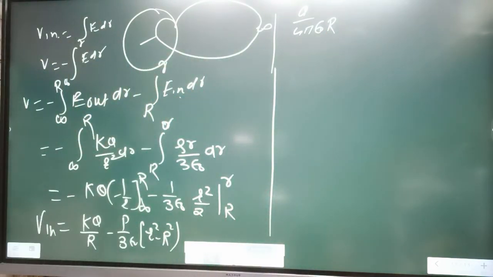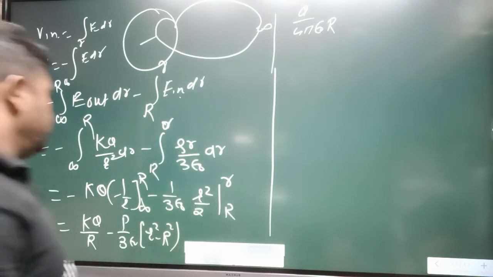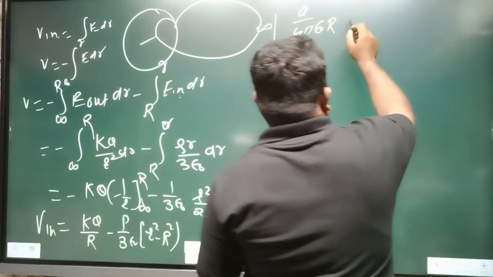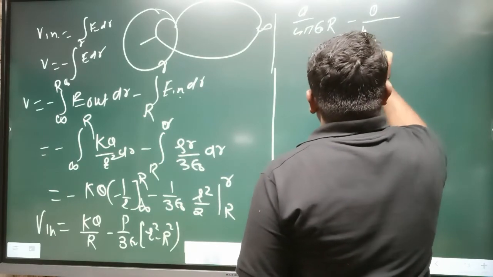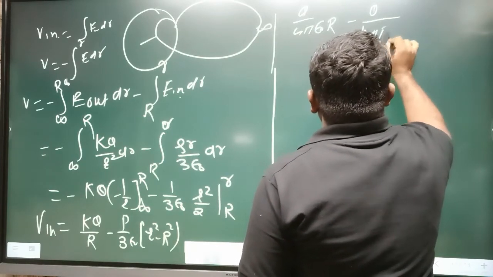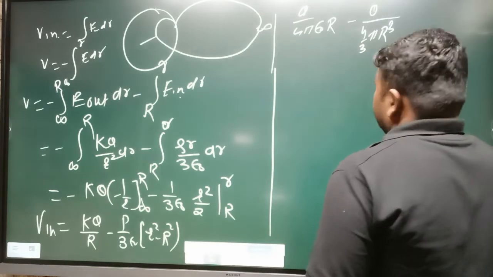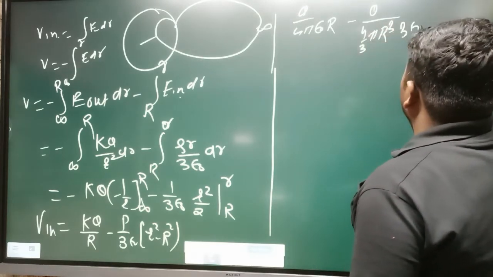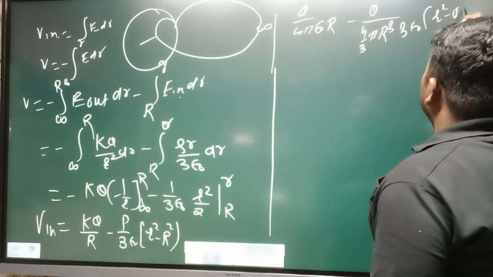And rho is equal to how much? Rho is equal to Q upon 4 by 3 pi R to the power 3, into 3 epsilon naught, R square minus capital R square.